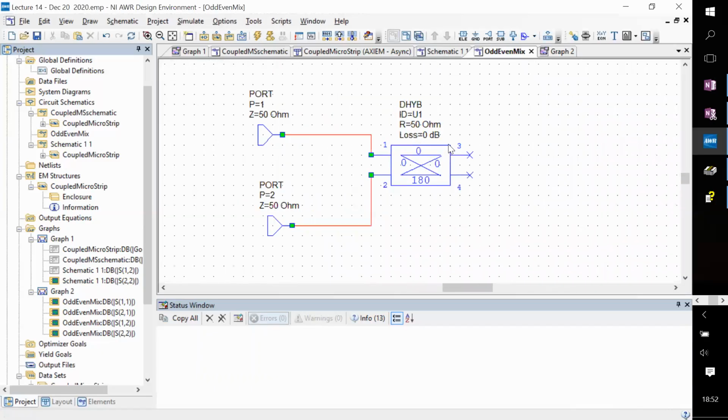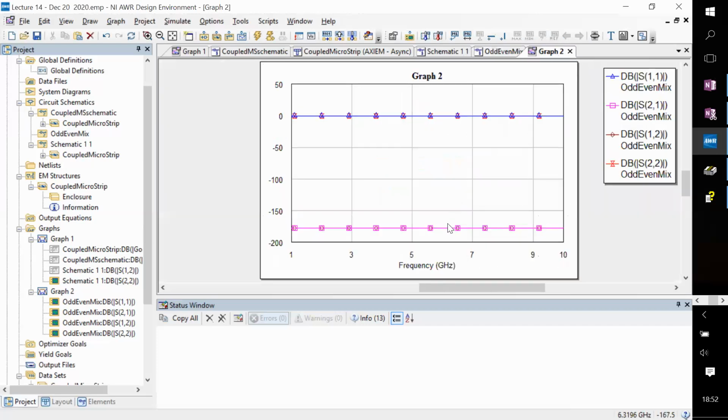Let's look at this again. Ports 3 and 4 are unterminated, which means that any excitation which comes to 3 or 4 is going to get reflected. And what it's saying is that first, there is no transmission from 1 to 2 or 2 to 1. That's because the symmetry is maintained. And everything which goes in comes back. That's why you have a reflection coefficient of 0 dB on either the even mode or the odd mode.